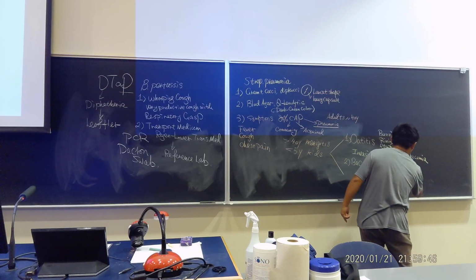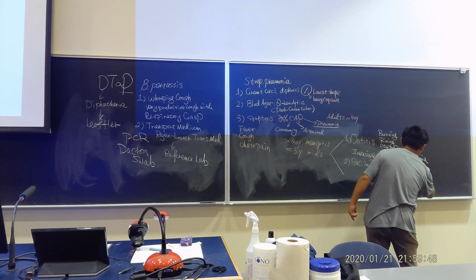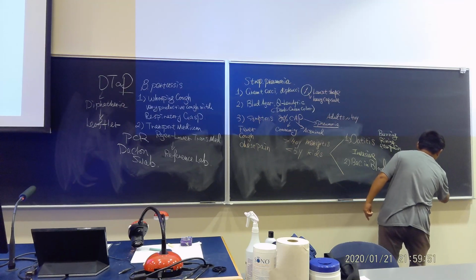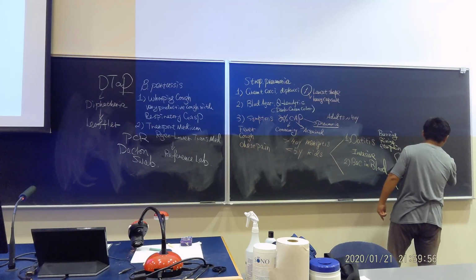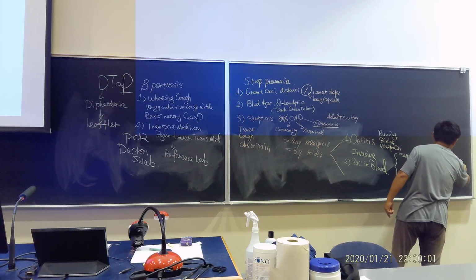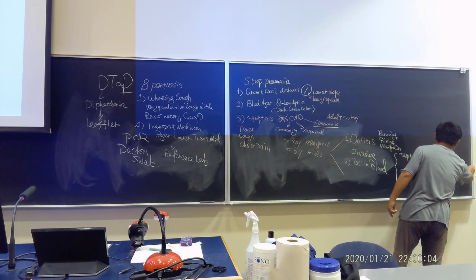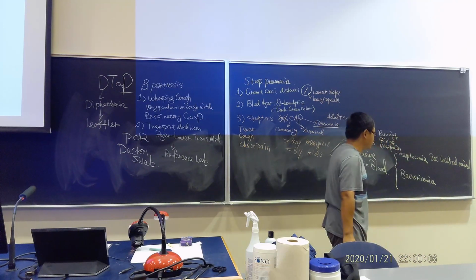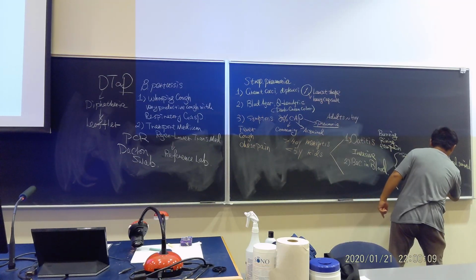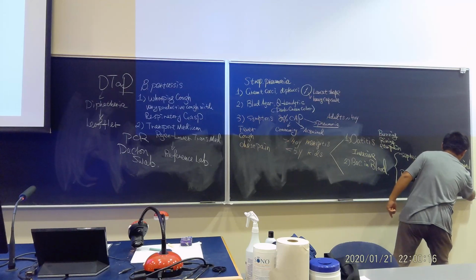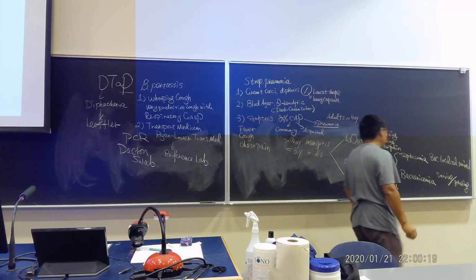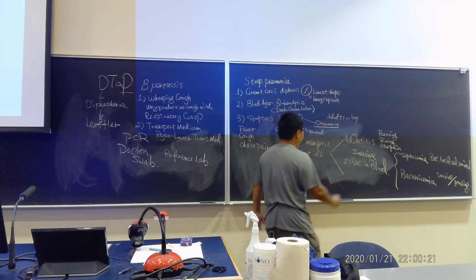Number 2, septicemia. Now, what's the difference between them? For bacteremia, the bacteria are localized and survive there. For septicemia, the bacteria will not only survive, but also grow in there, which means they will multiply there. That's the difference. Okay, so be careful for young kids.